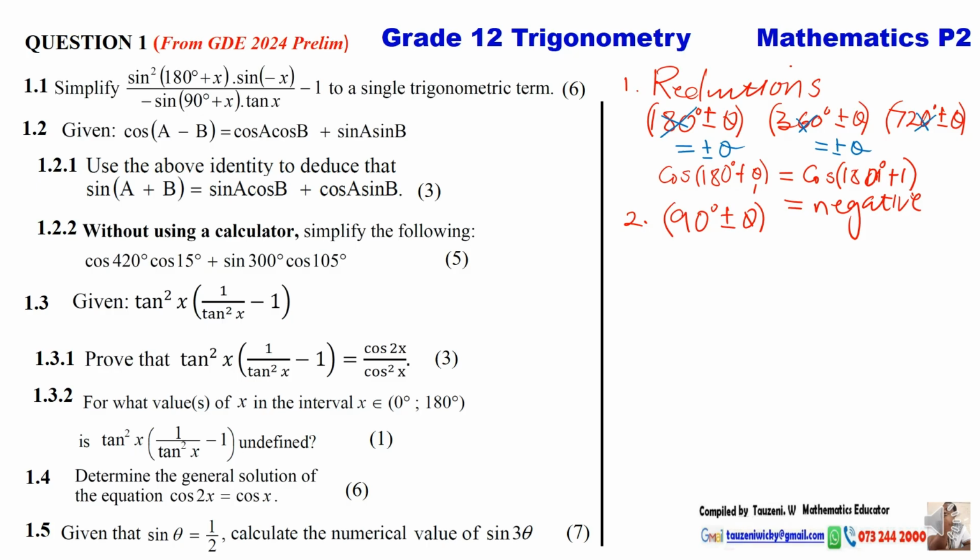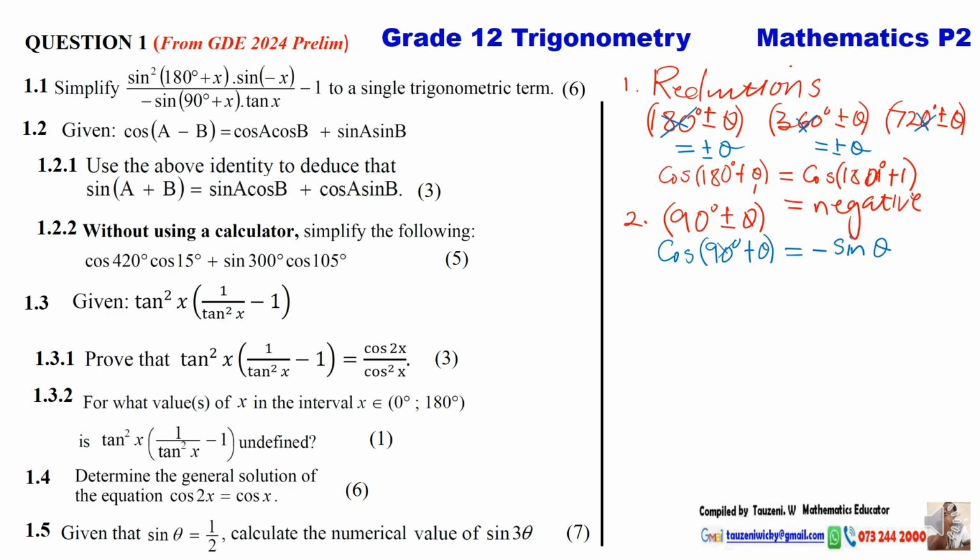Just to remind you, it is the cos of 90 degrees plus theta. The 90 degrees falls away and the cos changes to sine. But this particular one changes into negative sine theta, because 90 plus theta is an angle in the second quadrant where cos is negative.